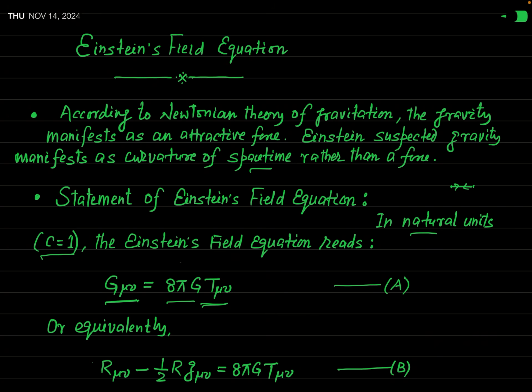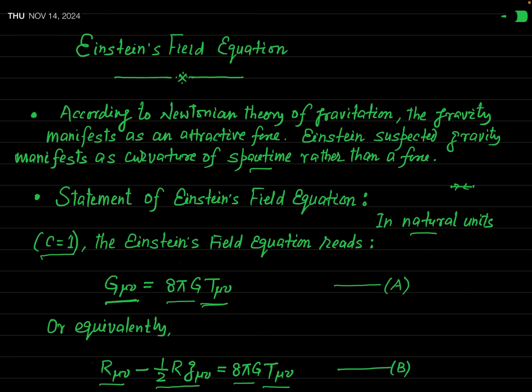Okay? And you have learnt earlier that this Einstein tensor is a combination of the Ricci tensor and the Ricci scalar. And this G mu nu is given as R mu nu minus 1/2 R times g mu nu, and that will be equal to 8 pi G times T mu nu.